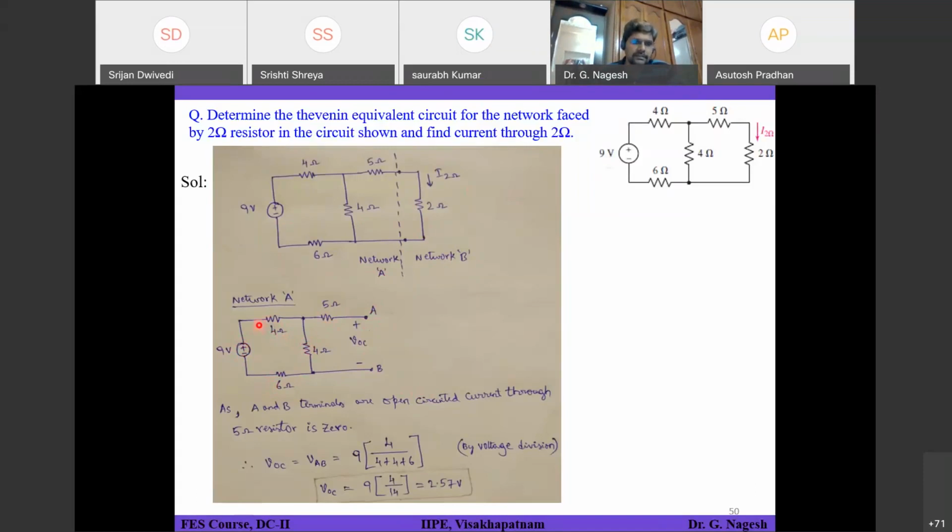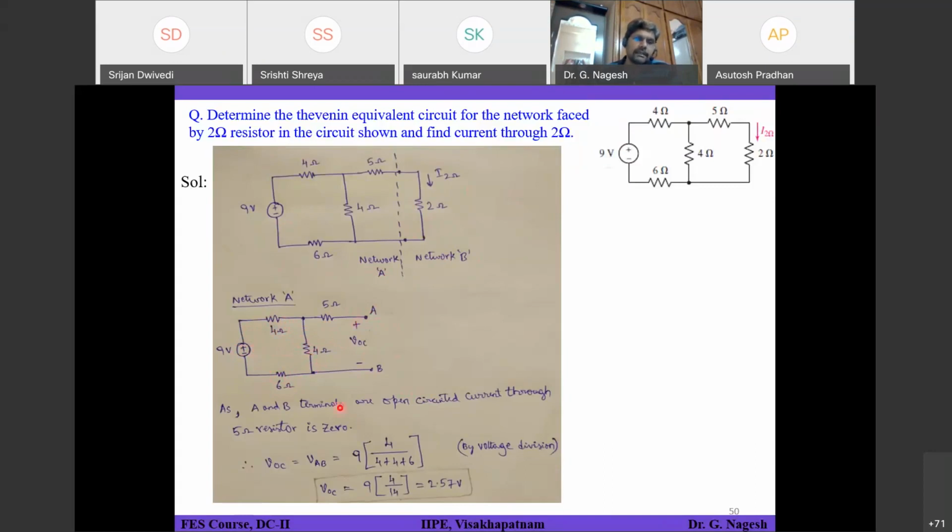So the resistance present in your circuit is 4 ohms and 6 ohms. So 9 divided by 4 plus 4 plus 6, that is 9 divided by 14, will give you the current flowing in this circuit, and it is completely flowing in this. So if you want to find out the voltage across this 4 ohm resistor, simply multiply that current with 4 ohms. That will give you VOC.